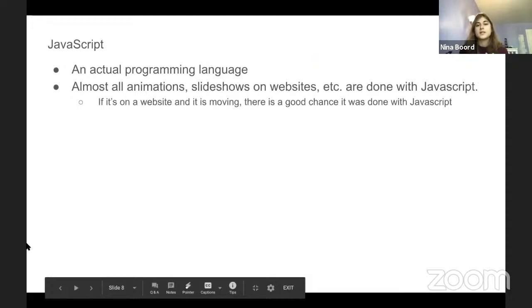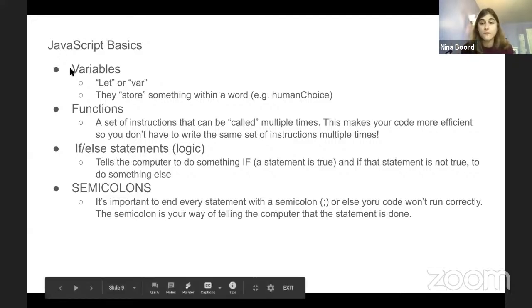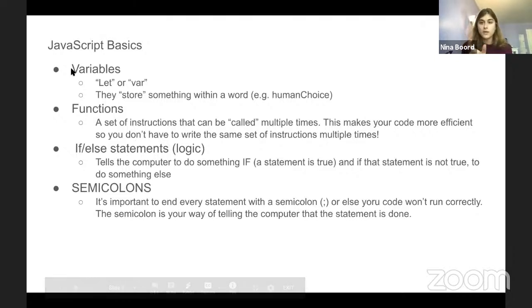More about JavaScript, it's an actual programming language. Again, all animations, slideshows, all that is done using JavaScript. So a little background. This isn't super important right now, but as we go, it'll be more important. There are variables in JavaScript. Think of a variable as a word that stores a bit of information.